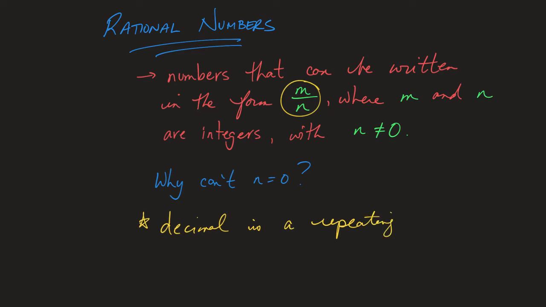So you end up getting the same decimal places that repeat and repeat and repeat. Or it terminates. And what we mean by that is it ends. It doesn't go on forever and ever. It stops. You have an exact value as a decimal.